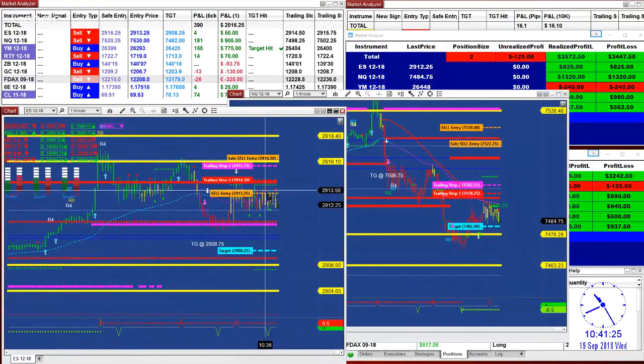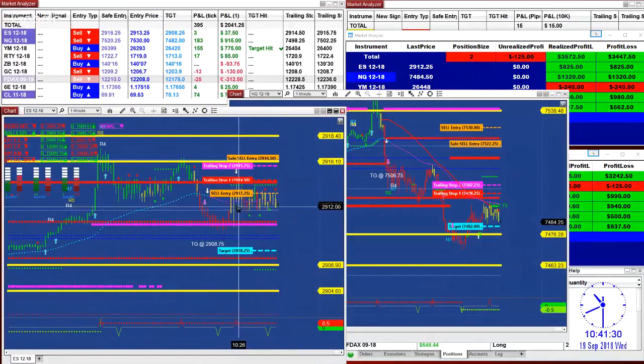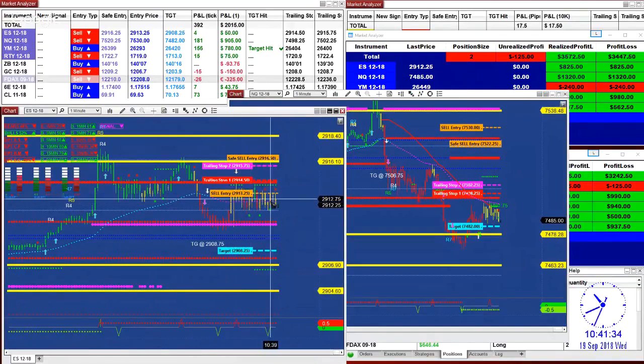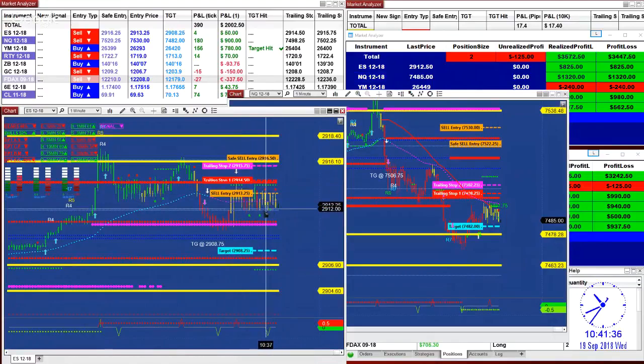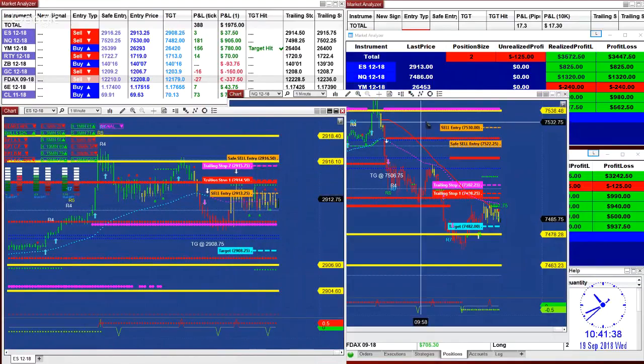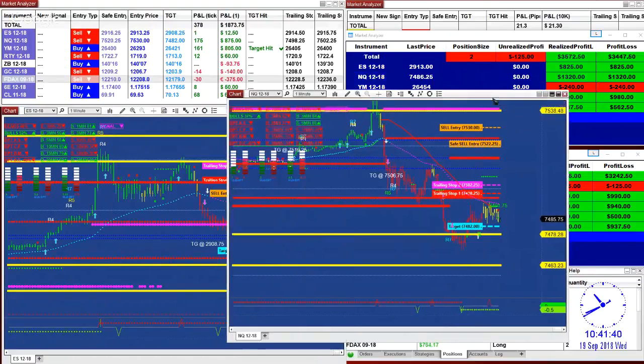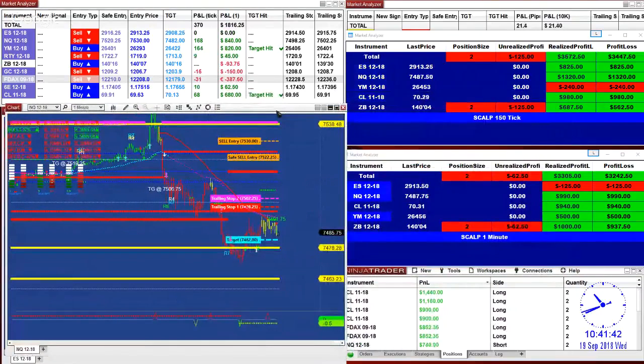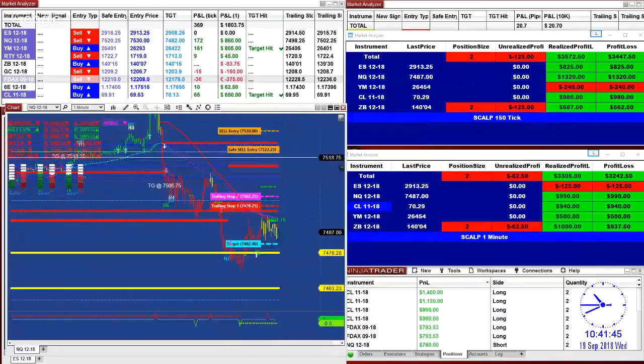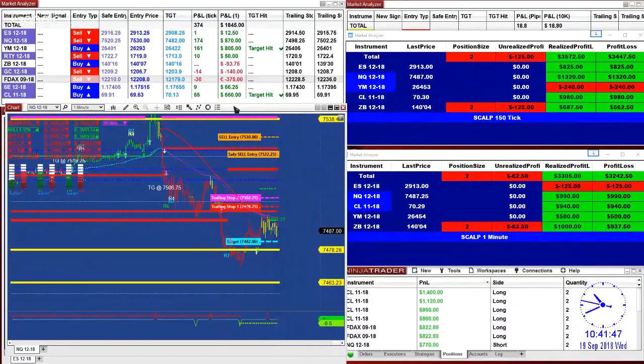This is where most traders start losing money. They cannot read that the market is stuck in this box. As long as the ES is stuck in that box, you should not be trading ES at the moment until those big guys figure out which direction they want to yank it to. I have no idea where they're going to take it.